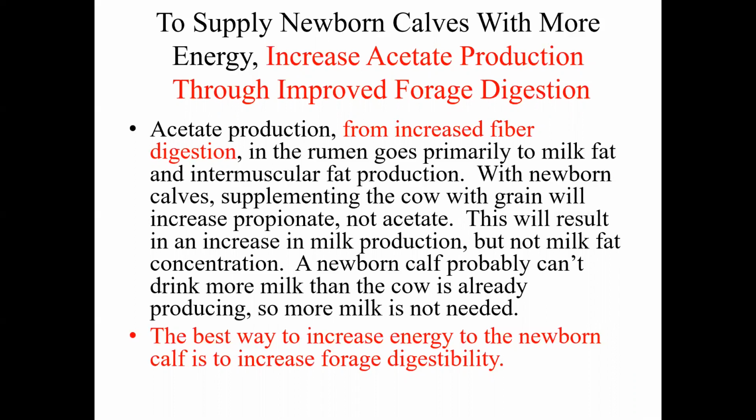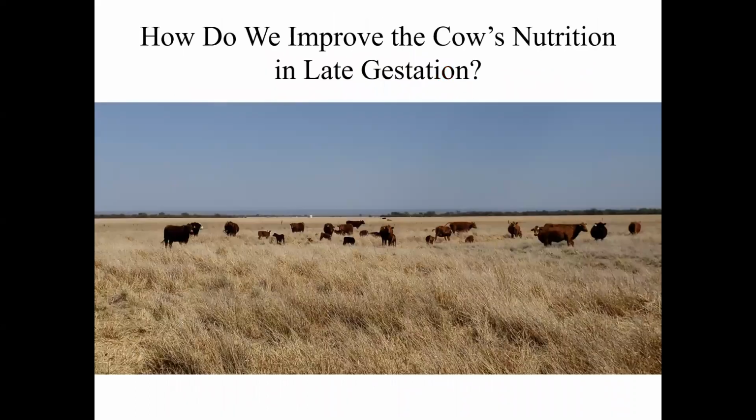This is not a dairy situation where during early lactation, we can just take out the milk. This calf has to be able to drink it. So what we want is for every drink that calf takes to have as much energy in it as possible. If we can increase forage digestibility, we increase acetate production, which increases percent milk fat. That gives more energy to the calf.